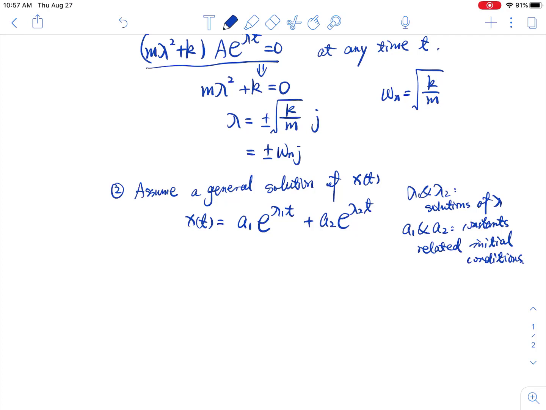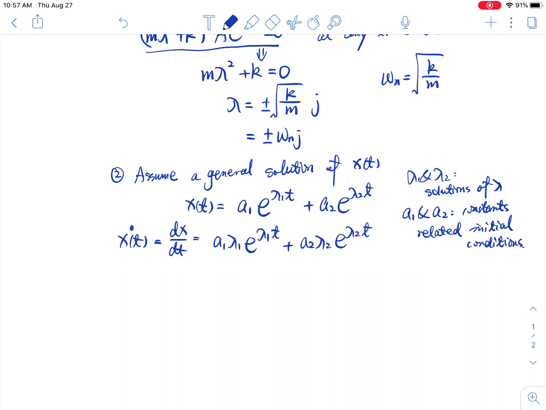So that's why we have to find the general solution for velocity. It's just dx/dt, and then it becomes a1 λ1 e^(λ1 t) plus a2 λ2 e^(λ2 t). So we have both the position and velocity now.